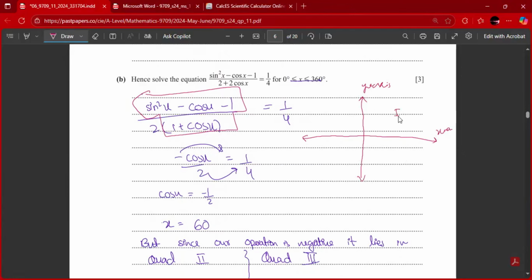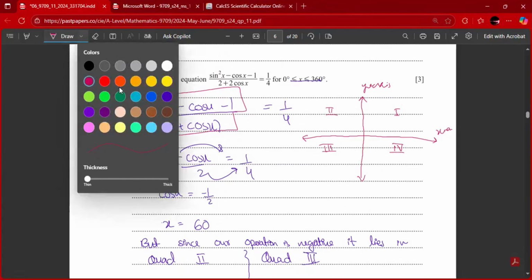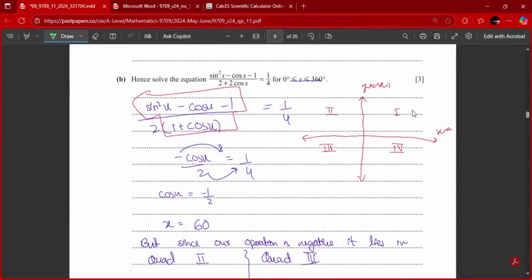This is quadrant 1, this is 2, this is 3, and this is 4. Now, how can I tell that quadrants 2 and 3 are the ones in which cos is negative? Because there's a trick called Add Sugar to Coffee, which means A, S, T, and C.